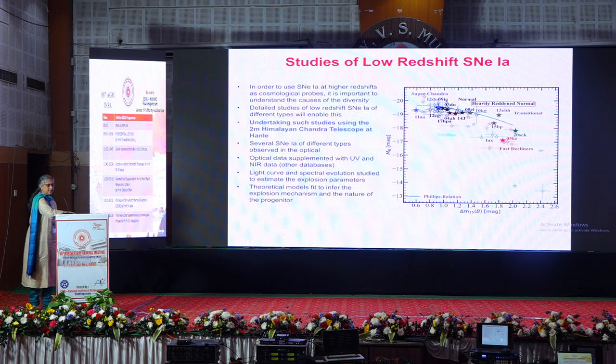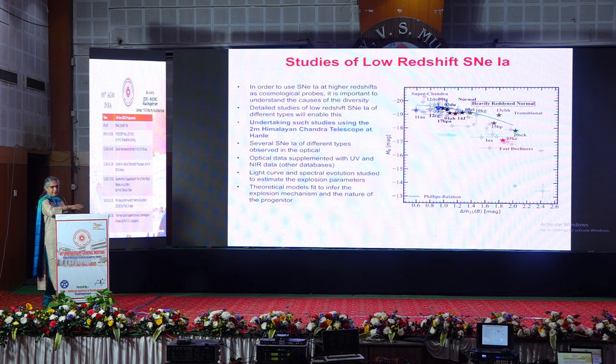So what we have been doing is studying low redshift supernovae to understand the diversity, so that the understanding from the low redshift supernovae can be transferred to the ones at high redshift. We do a detailed study of these low redshift supernovae, typically monitoring them for more than a year or so, and we have been undertaking these studies using the Himalayan Chandra Telescope. There are several supernovae that we have observed in the optical, and we have supplemented our data with multi-wavelength observations from other facilities.